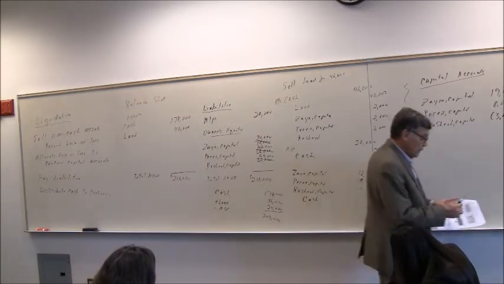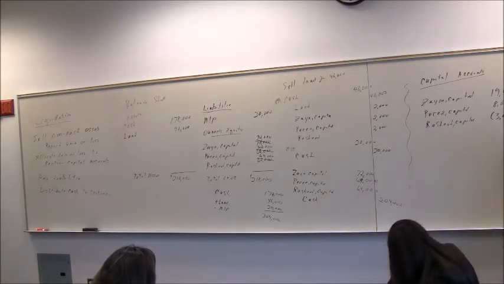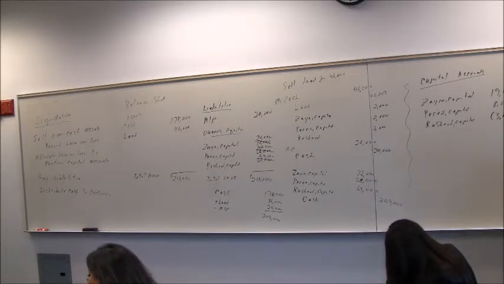Now, two things can happen here. Rashid can put in the 3,000, or if Rashid is unable to do that, then these people have to absorb the 3,000. In the first instance, Rashid puts in the 3,000.